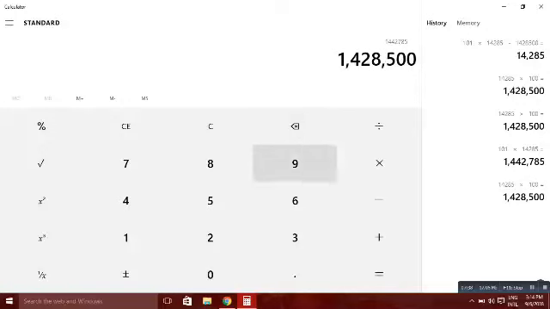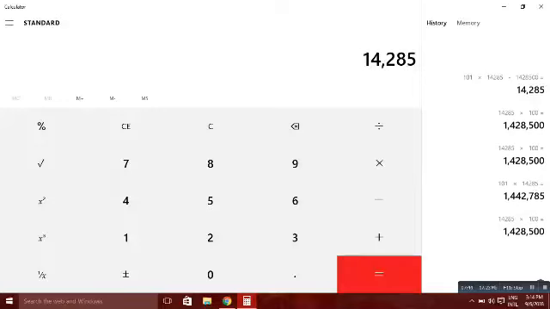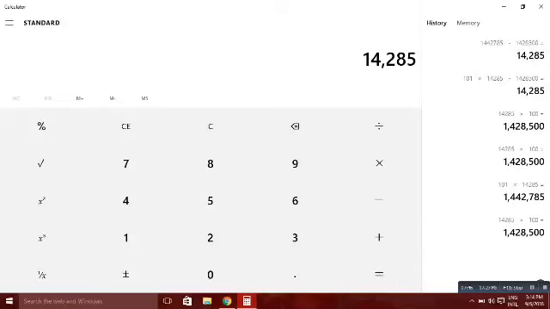Now let's calculate how much the profit is. Profit is around 14,285. So that's the profit you are getting, 14,285.